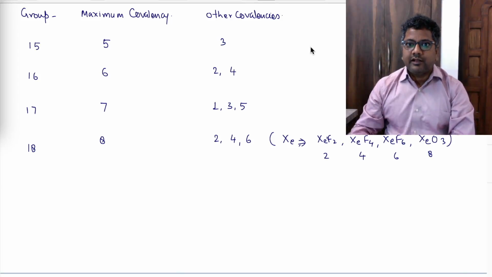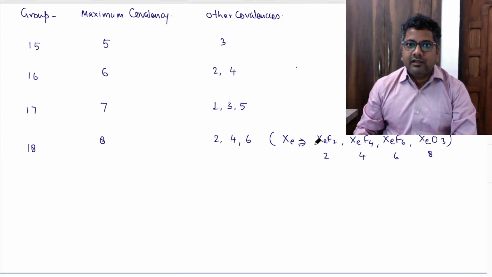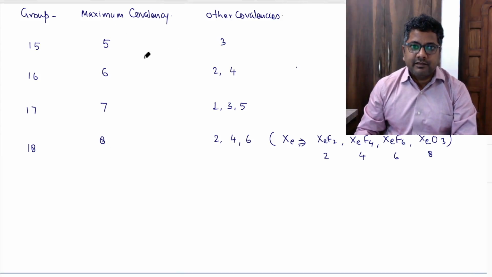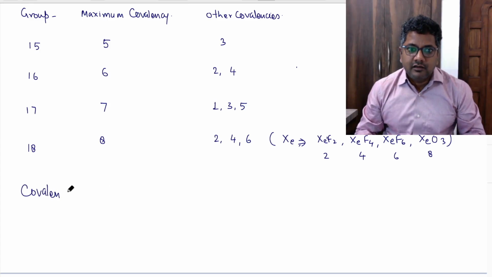See, there are two technical terms related to this. One is covalency, as I have written here. So, what is the meaning of covalency? Covalency is a very important point.